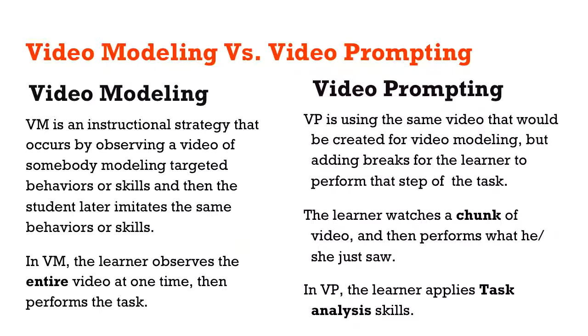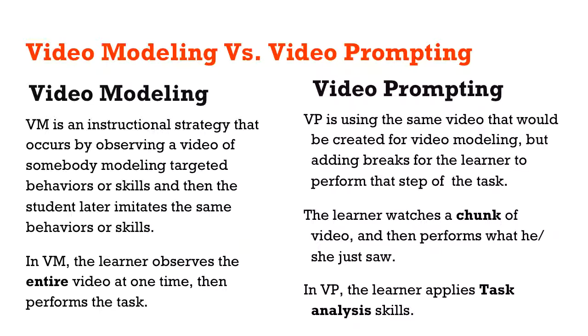Video prompting. Video prompting is an application of video modeling where the learner uses the same video that would be created for video modeling but adds breaks for the learners to perform that step of the task. In video prompting, the learner watches a chunk of video and then performs what he or she just saw.